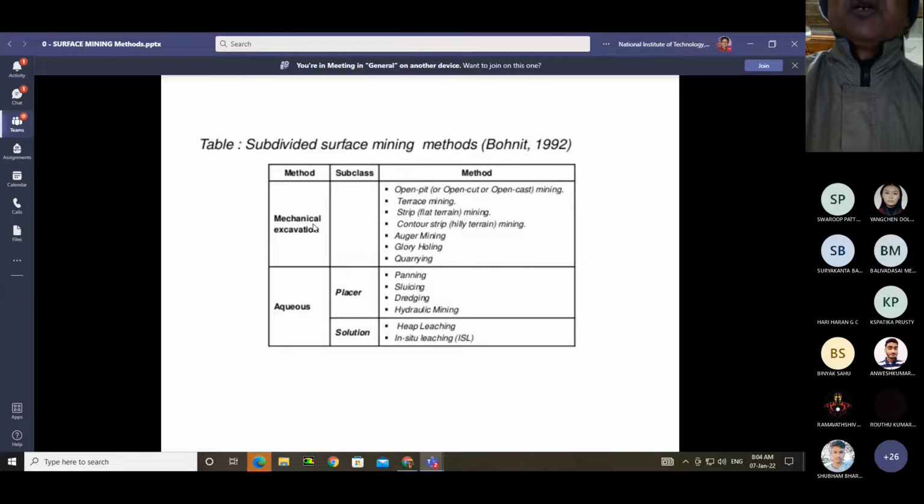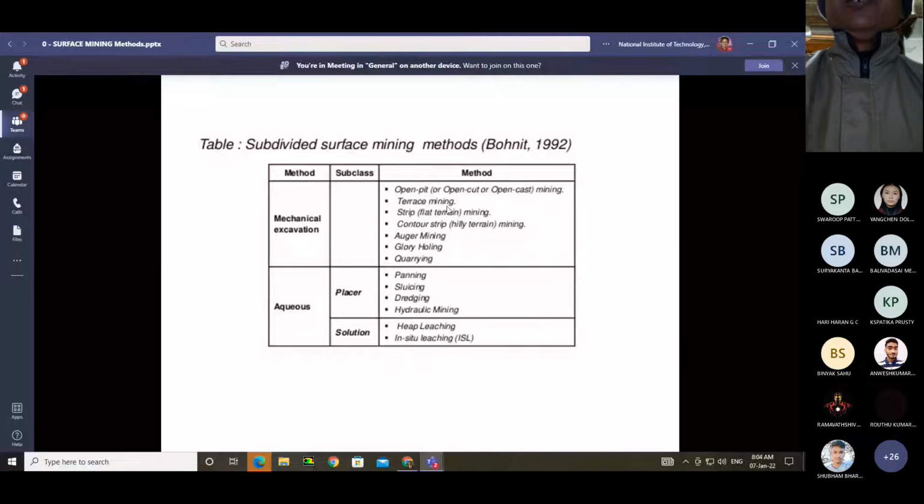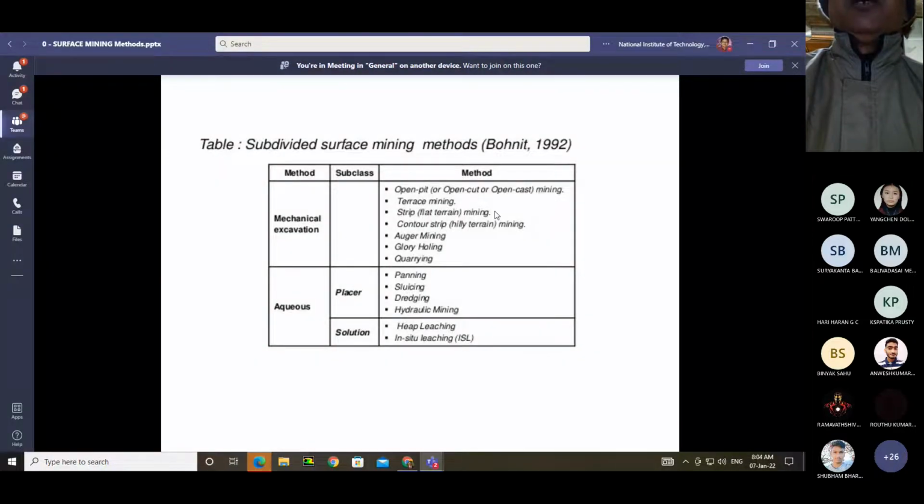So in the mechanical excavation method, open pit mining, open cut mining, open cast mining, terrace mining, strip mining or flat terrain mining, contour strip or hilly terrain mining, auger mining, glory hole mining, quarrying. Similarly, if you are working with water, that is called your aqueous method.